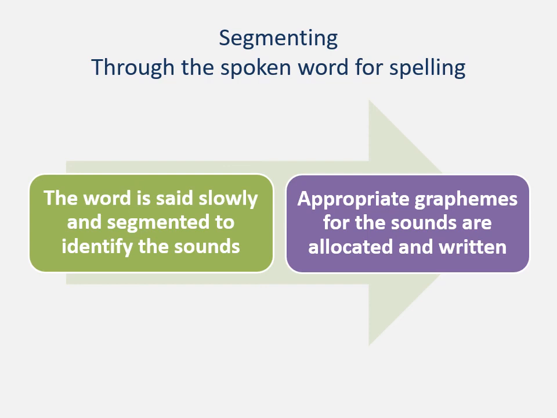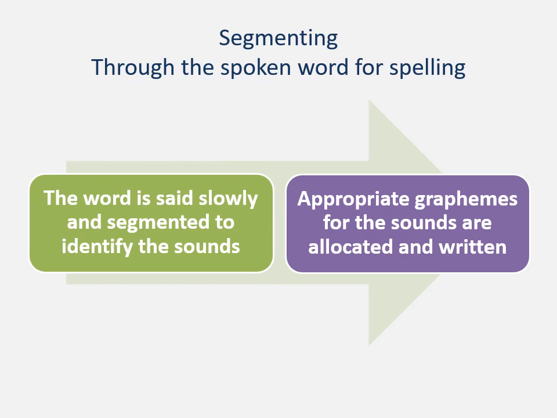T, I, P. But if we have the word ship, and I say that word slowly, ship, we segment it, sh, I, P, and we want to write it down. The first sound was sh, which is made by two letters, SH. So that grapheme, that representation of the phoneme, is made of two letters. SH makes sh, and we need to know that to be able to spell that word.